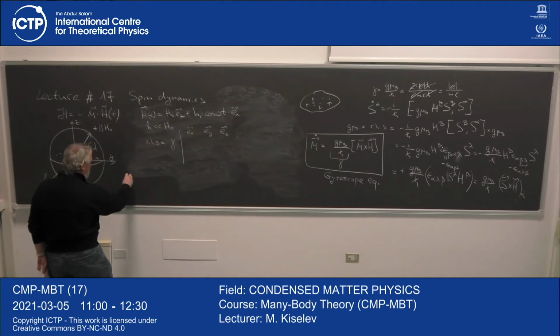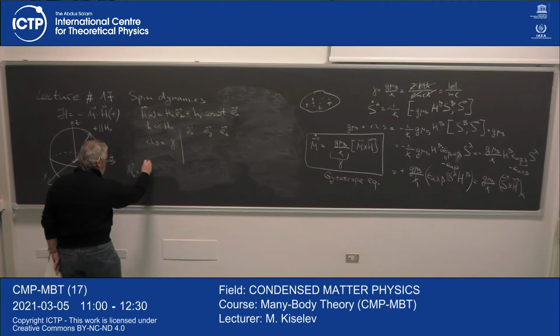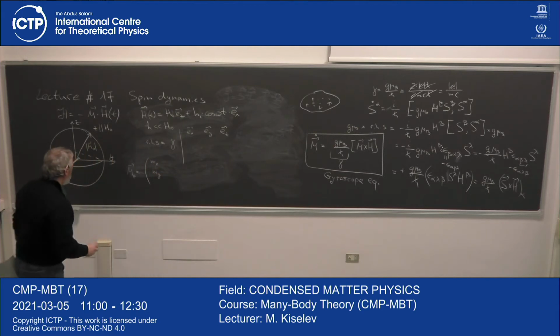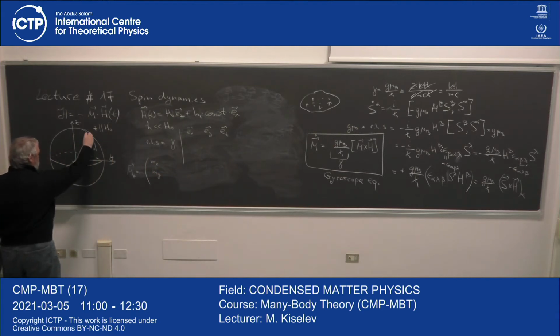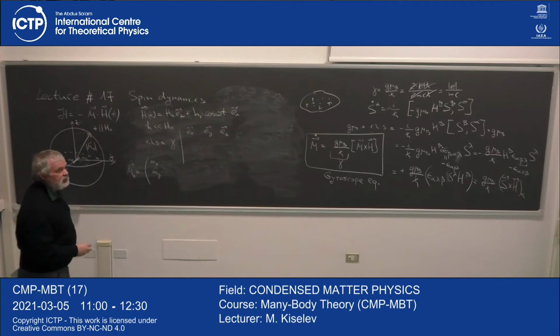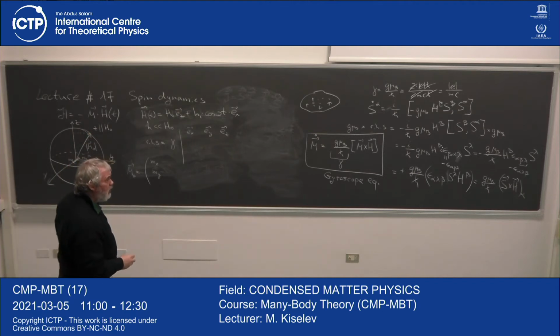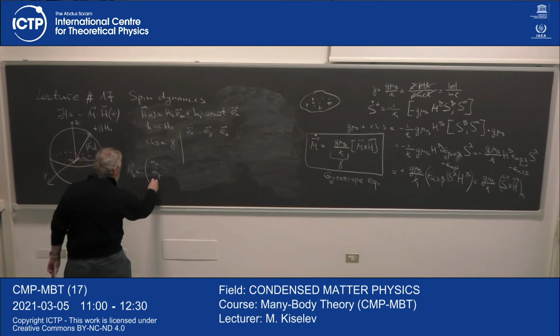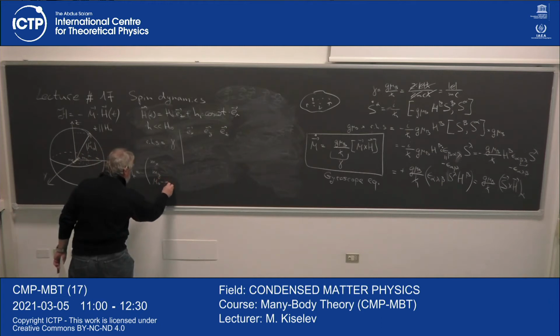I will assume that my magnetization vector M(t) has the following components: Mx, My, and the value M naught minus mz.